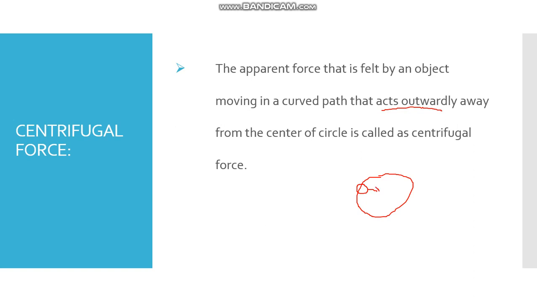One force is directed towards the center and there is another force which is acting outward, away from the center. This force, acting away from the center when the body moves in a curved path or in a circle, is called centrifugal force. You can also say that centrifugal force is opposite to centripetal force. Centripetal force acts towards the center while centrifugal force acts away from the center. So this is about the centrifugal force.